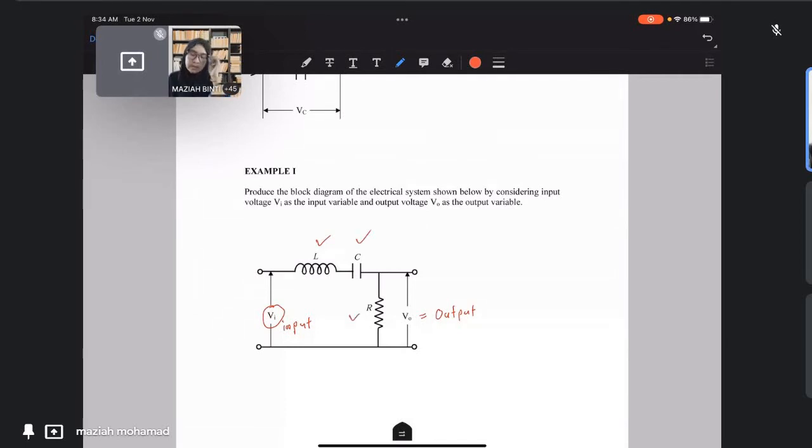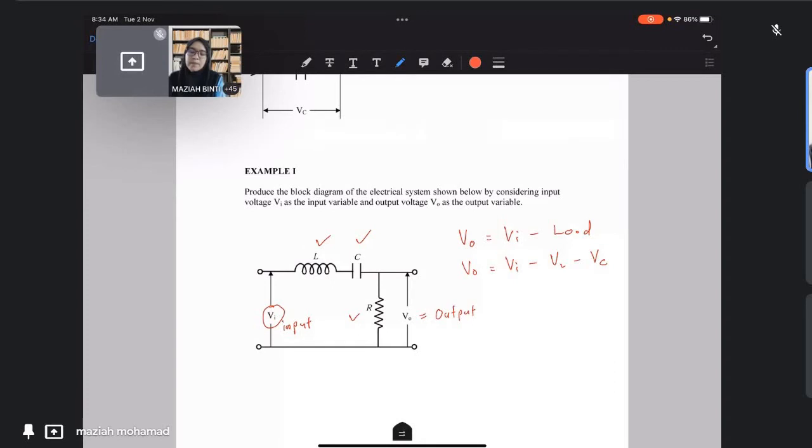Okay, so based on the Kirchhoff law, we know that V output is equal to V input minus all the load in the circuit. So we have V out equal to V in minus VL minus VC.